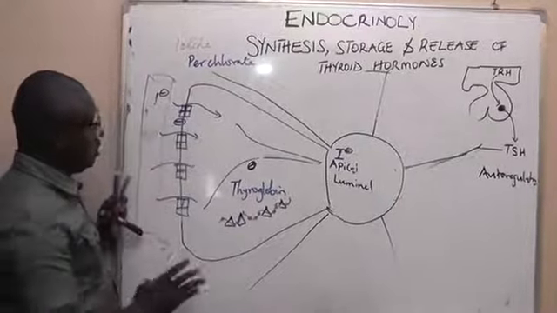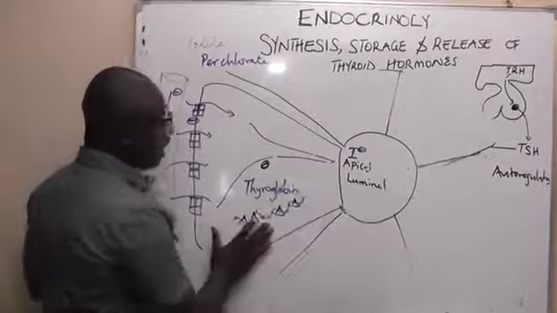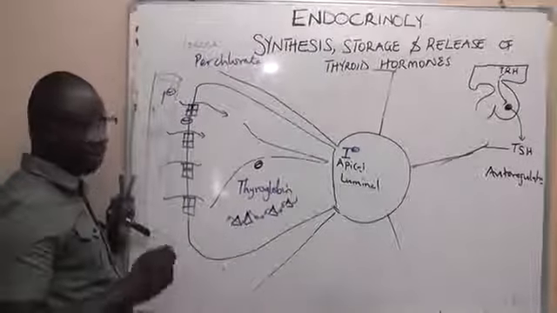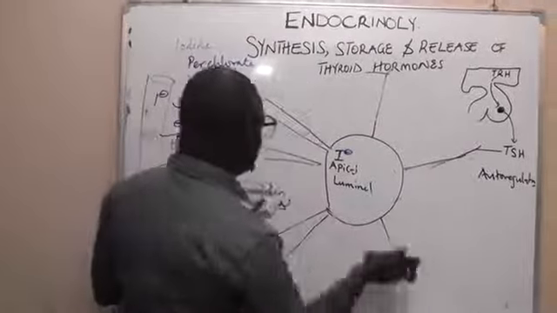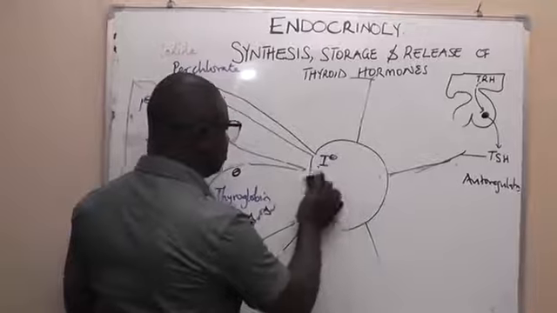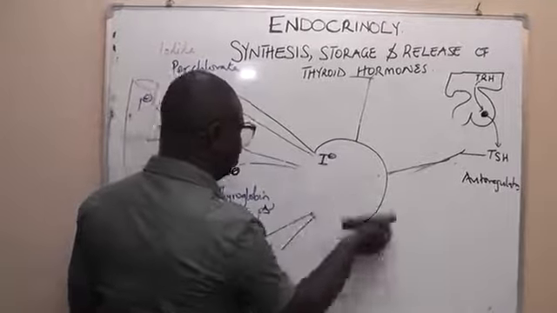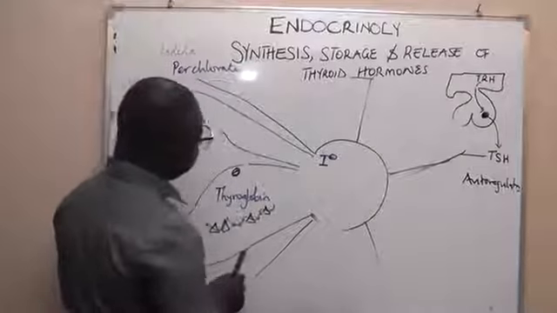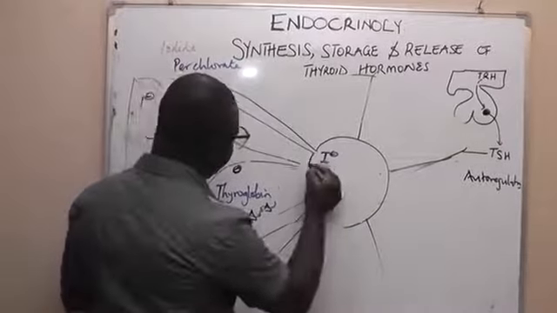Tyrosine. Okay? Now, all of these structures are also transported into the lumen. Are we together? So that means we have iodine in the lumen, and we also have thyroglobulin in the lumen.